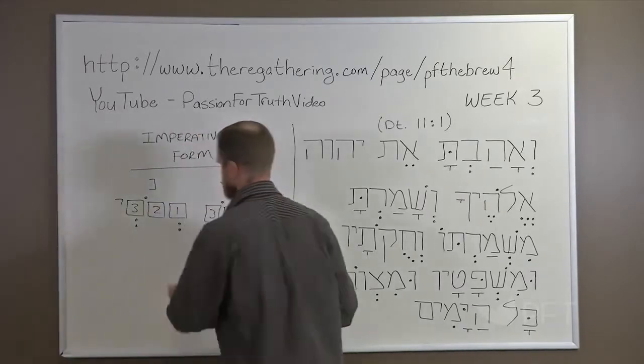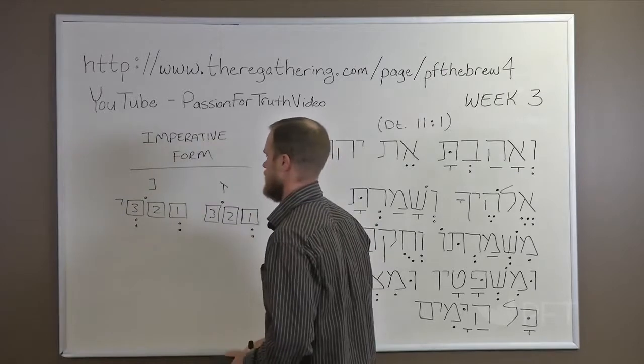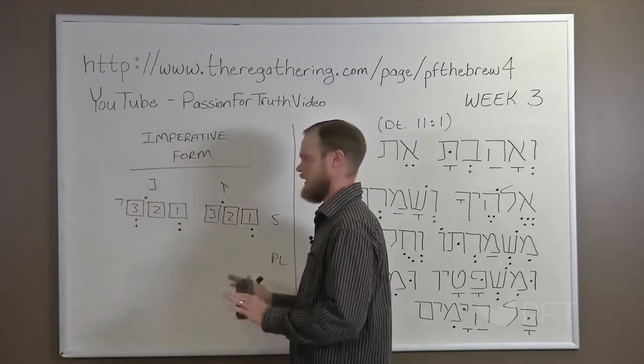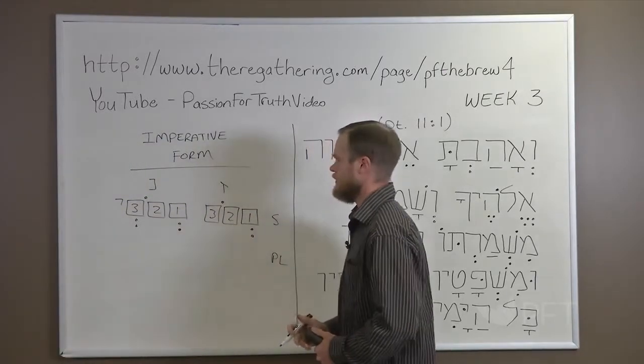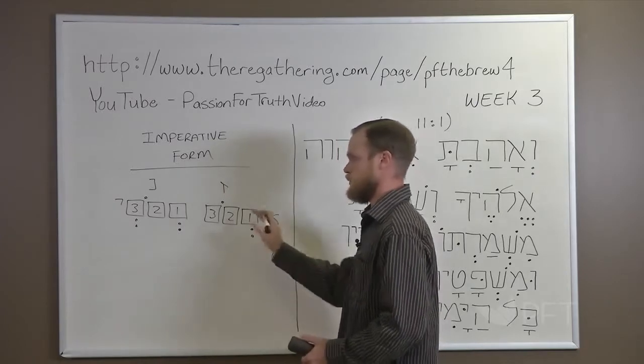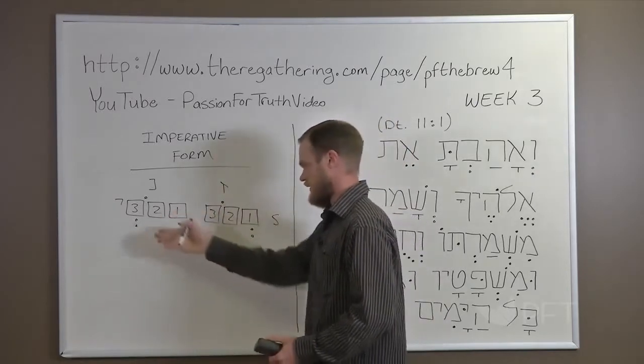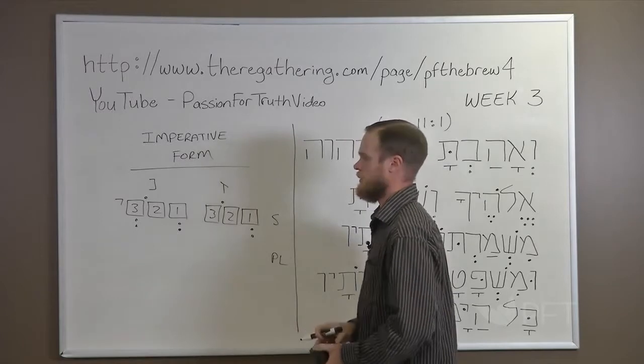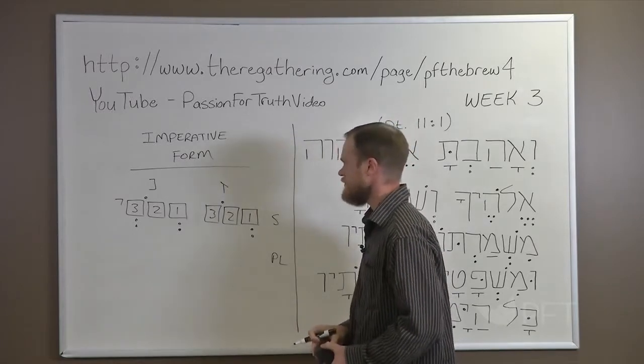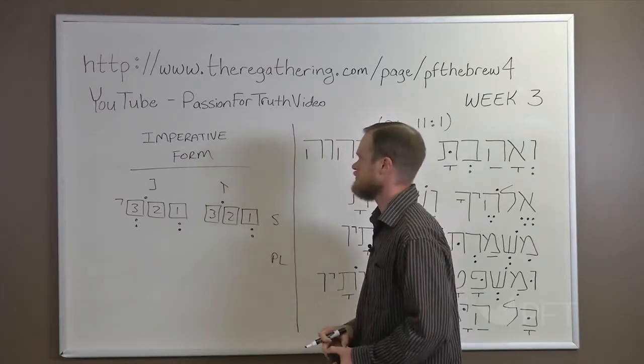Okay, here's our feminine. Again, all you have to do is take the second person future tense, remove the prefix from it, keep the same vowels and the same letter order, and you've got your imperative form.